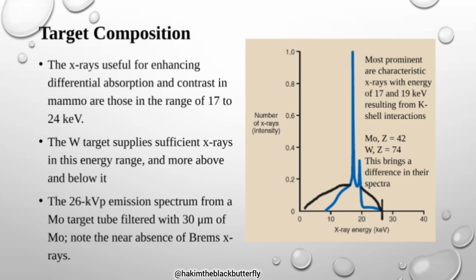Do you remember photoelectric effect? Photoelectric effect happens when an X-ray photon comes with the energy equal or slightly greater than the binding energy of that electron. It becomes completely absorbed. So within this range of 0 to 26 kilo electron volts, some photons that have energy equal to 20 and slightly greater can become absorbed photoelectrically in the filter.